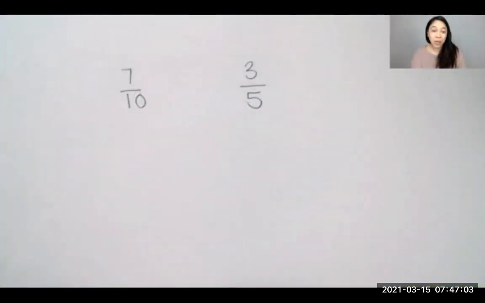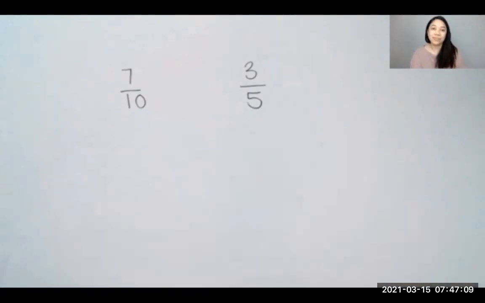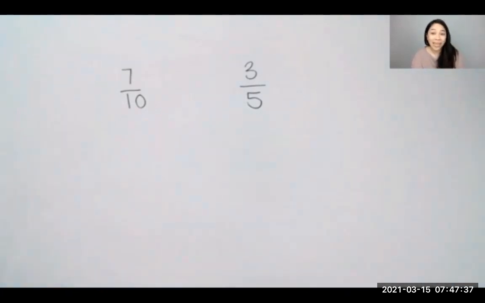The next two fractions we're comparing are 7/10 and 3/5. In this instance, can we make a common numerator just like we did in the previous problems? No, we can't. We can't multiply 3 by a number to get 7. Since finding a common numerator does not work so easily here, let's instead look at the denominators. Can we make like units with the denominators? Can we make common denominators?